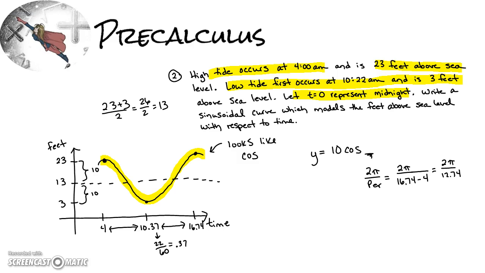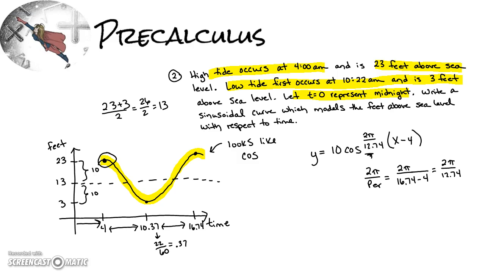Let's just write it like that, because we could just put it like that in the equation. 2 pi over 12.74 times x, and we put the horizontal shift in the parentheses with the x. Now if you notice, the start of the cosine curve was here, so it's been shifted to the right 4. So we're going to write x minus 4.